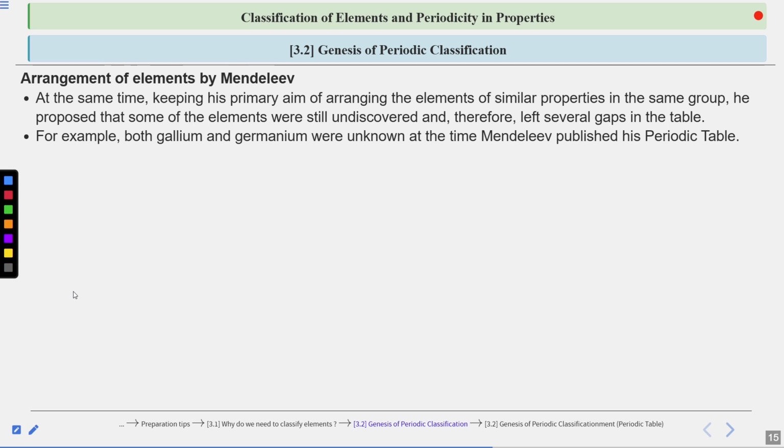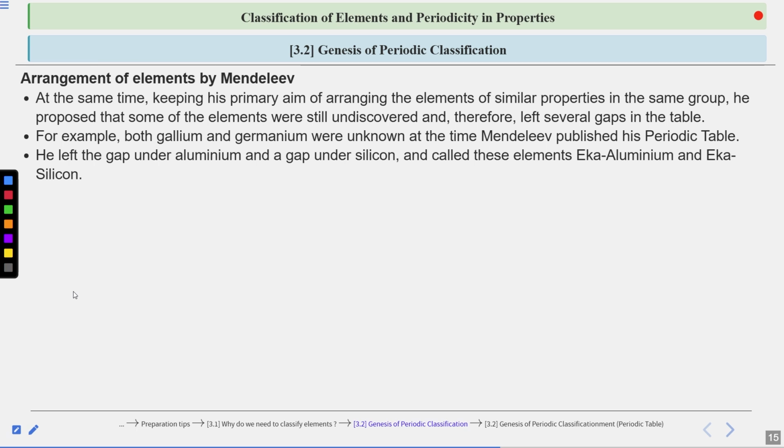For example, gallium and germanium were not known at that time when the Mendeleev periodic table was published. Now what he did, he left gaps for them, down the silicon and down the aluminium.